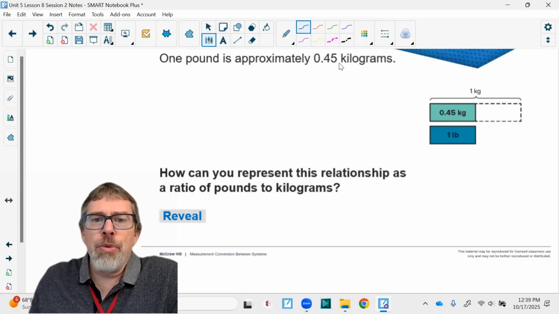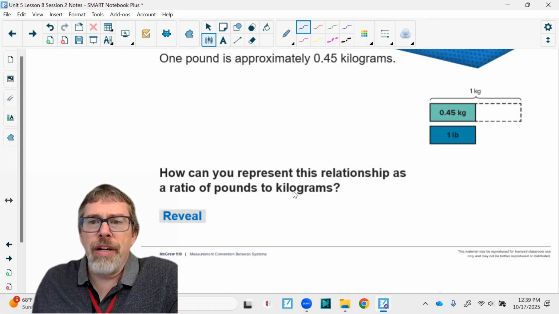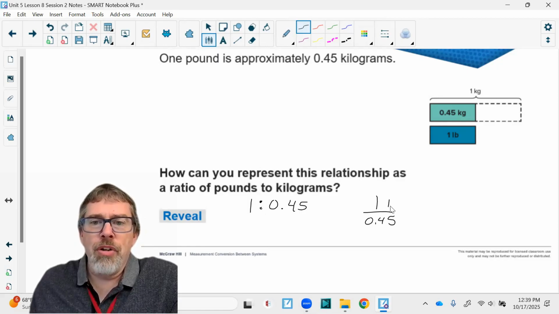So once we know this, and we represent this as a ratio of pounds to kilograms, it'd be 1 to 0.45, or 1 over 0.45. And if you want the unit of measure, that would be 1 pound and 1 kilogram.